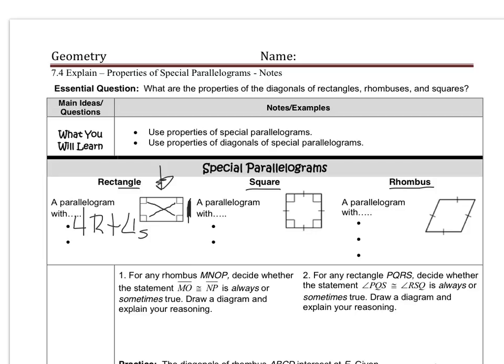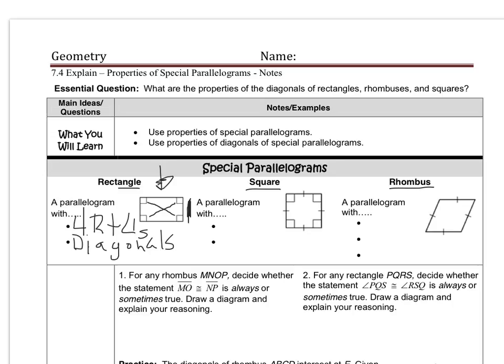The other thing that is special about a rectangle is that the diagonals are congruent. Okay, so that takes care of a rectangle. The next special parallelogram is a square.